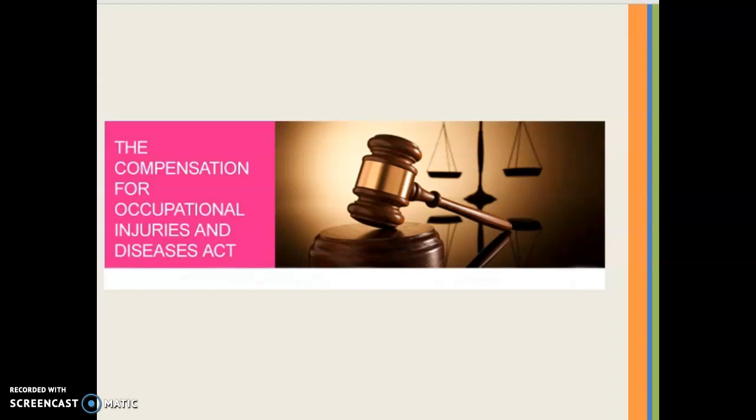The fund covers employers for any legal claim that workers may bring against them. Employers are required to report all accidents within 7 days and occupational diseases within 14 days to the Compensation Commissioner. Employers are responsible for contributing towards this fund and may not claim money back from the employees.